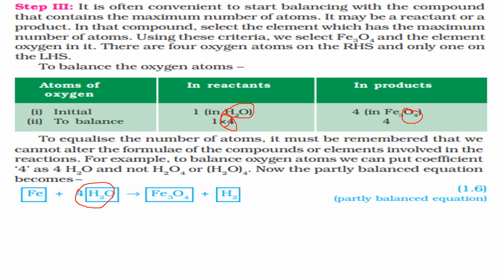This process is known as the first step of balancing. The equation now can be known as partly balanced equation. If a person writes H2O and adds a 4 below oxygen, which is the wrong step, that should be considered as wrong. So we always add the number in front of the formula after balancing, that is outside the box.